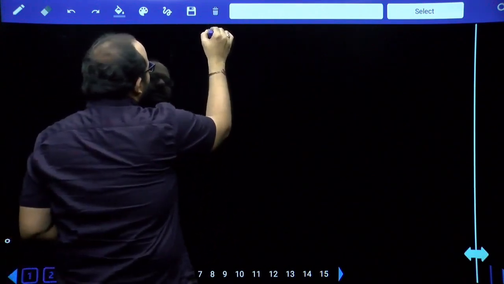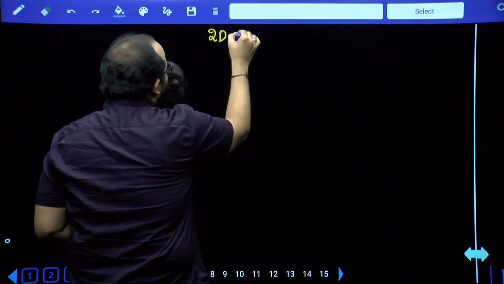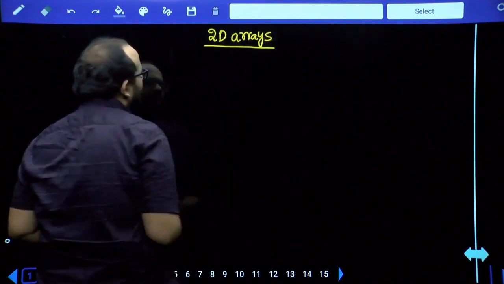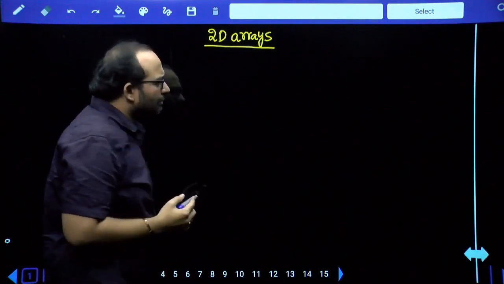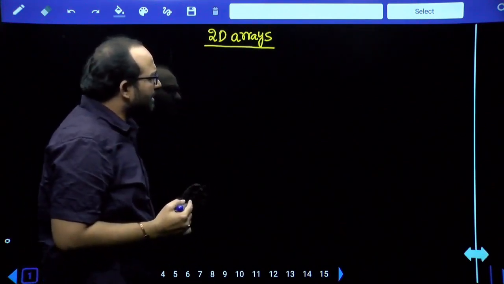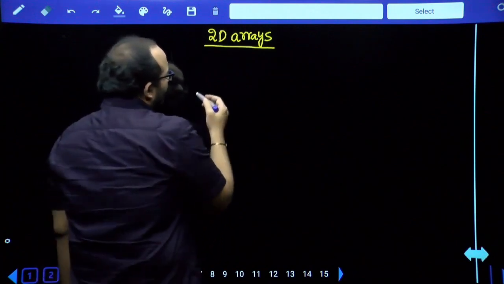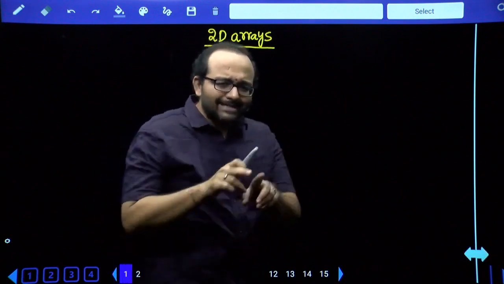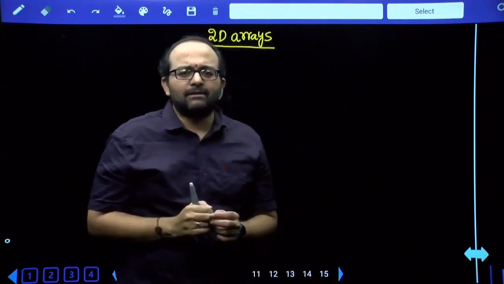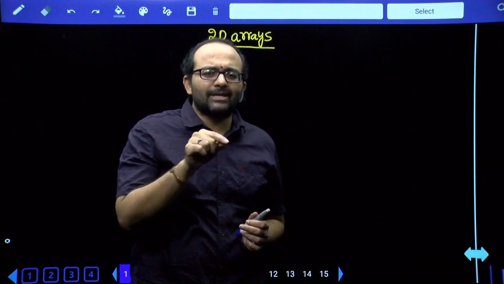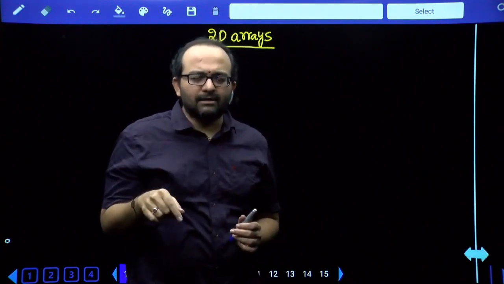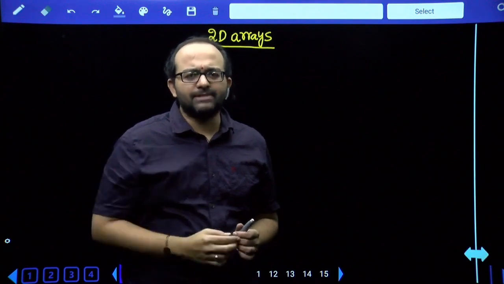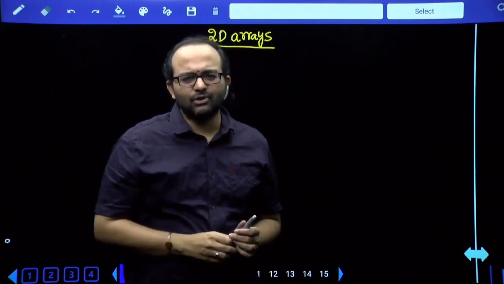So coming to two-dimensional arrays, in order to store the data inside the matrix or table, we require the information about the number of rows and number of columns, isn't it? How many rows are there and how many columns are there in order to store the data inside a 2D array.